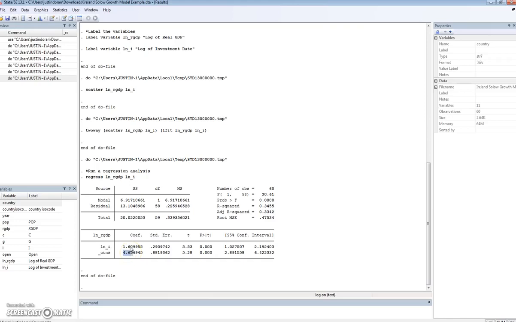When investment is 0, the log of real GDP is 4.65. 1.6 is a positive number. This shows that investment and real GDP are positively correlated with each other. And what we can see is that a 1 unit increase in investment causes a 1.6 increase in real GDP. So we interpret our coefficients as such.